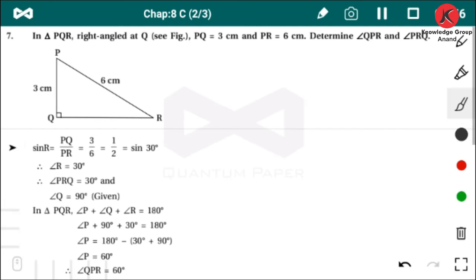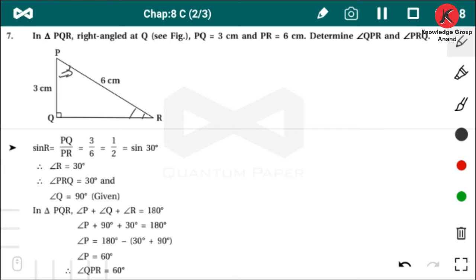We have two sides given. For angle QPR, they are hypotenuse and opposite.